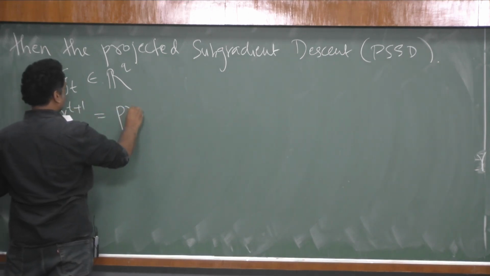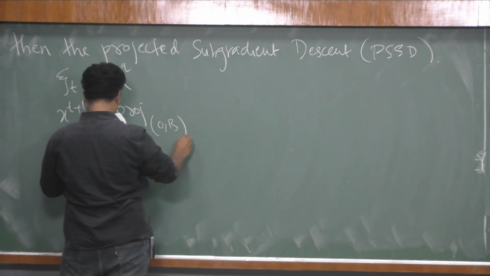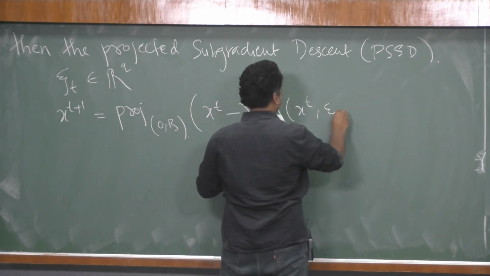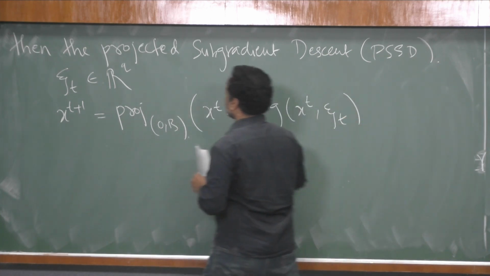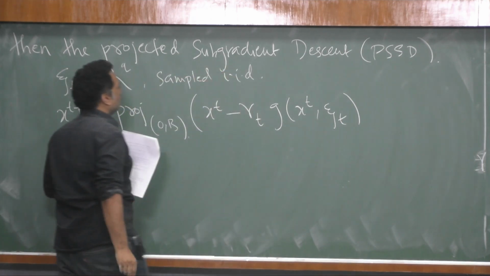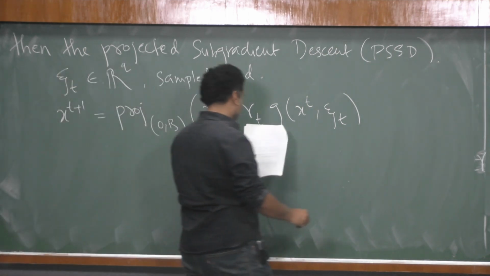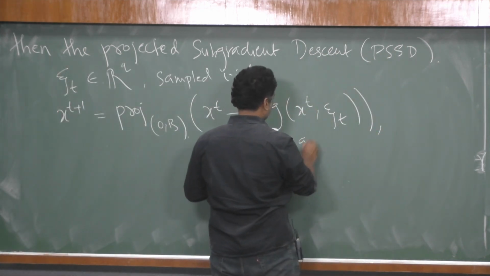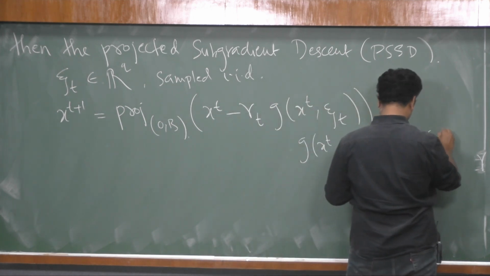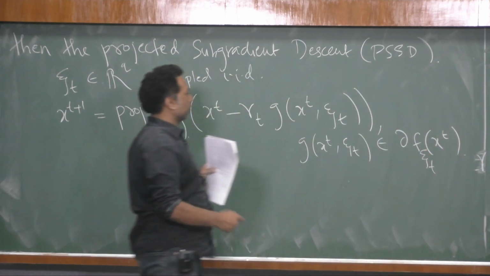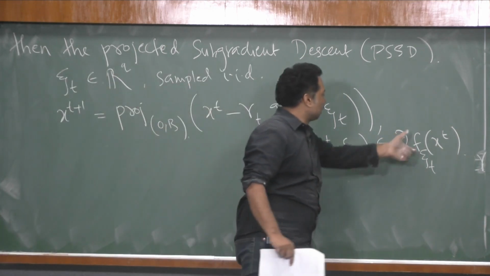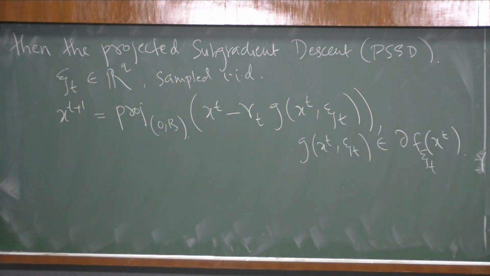So xt plus 1 is the projection onto B(0, b) of xt minus gamma t g(xt, xi t). These xi t are sampled IID, independent identically distributed, and g are the subgradients of f, where g(xt, xi t) is in the subdifferential of f computed at xt for the stochastic function f xi t. Okay, so each choice of xi t gives me a different stochastic f. It's not the true f.